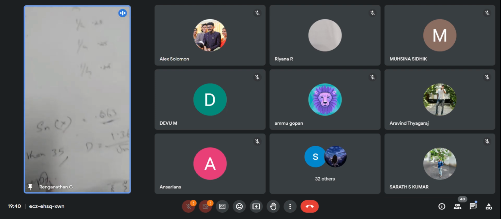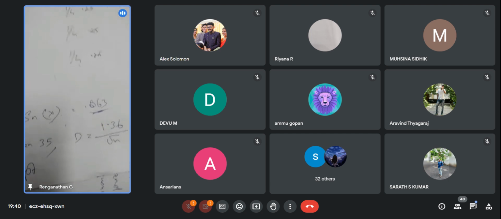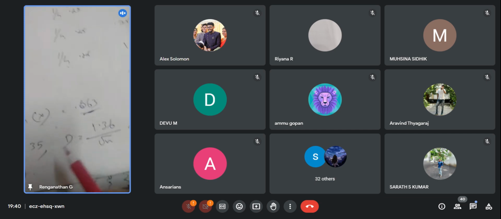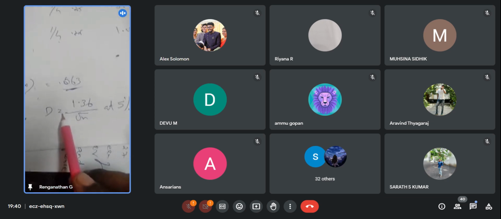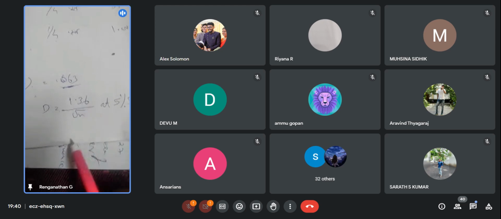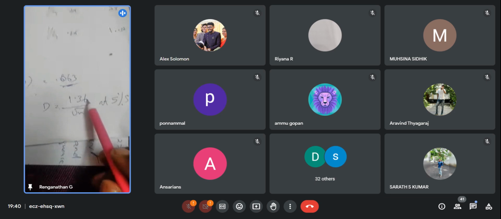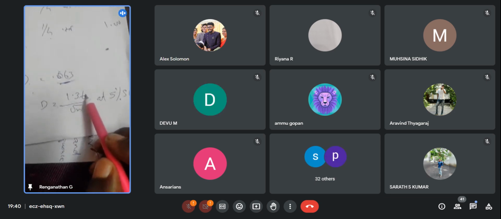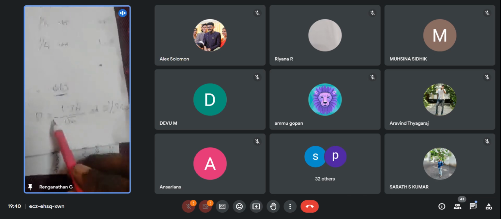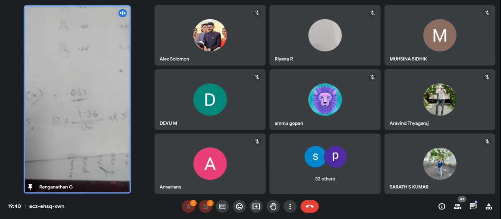If the sample items are more than 35, we have to take the D table and apply the value like this: D is equal to 1.36 divided by root n. 1.36 is a constant value, and n is 160.